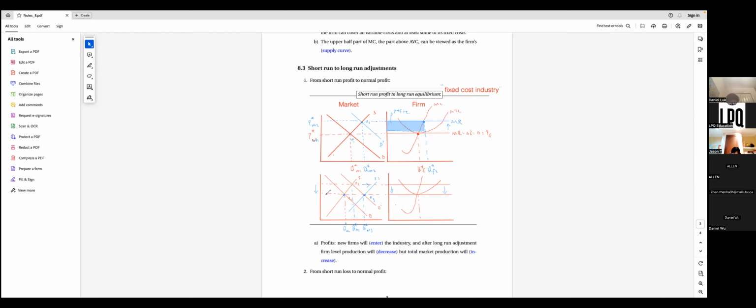You just shift down along this horizontal line back to the initial level. This long horizontal line must be called MR. You see MR has been lowered and MC remains unchanged.